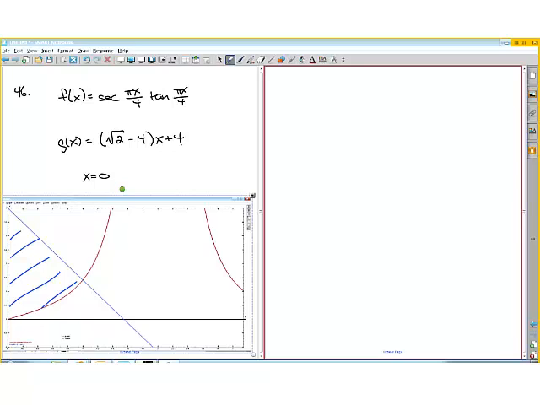So the area is going to be equal to the integral from x equals 0 to x equals 1. The upper curve is the square root of 2 minus 4 times x plus 4. We subtract the function below, which is the secant of pi x over 4 tangent of pi x over 4, and then we multiply the whole thing by dx.